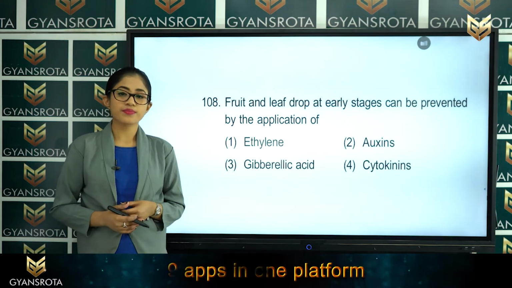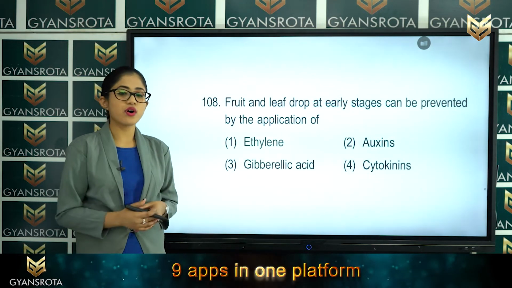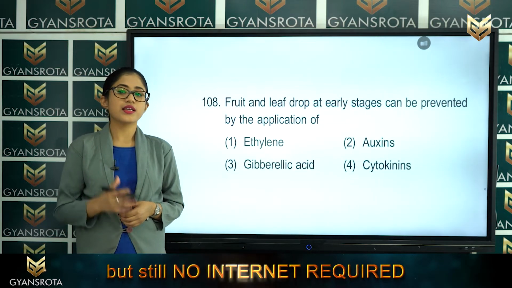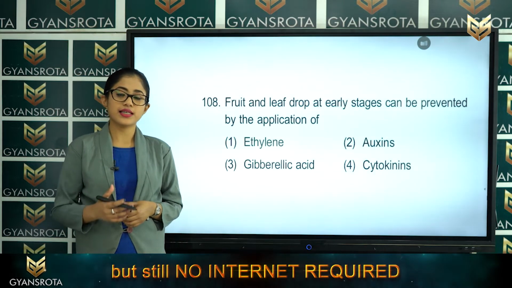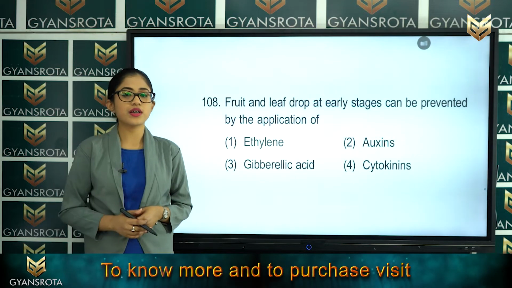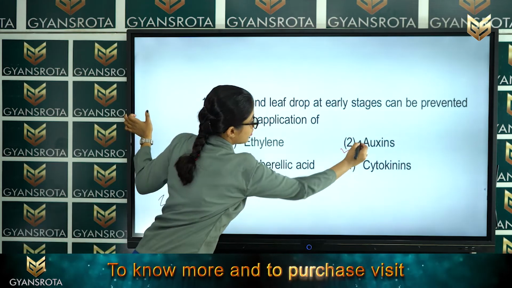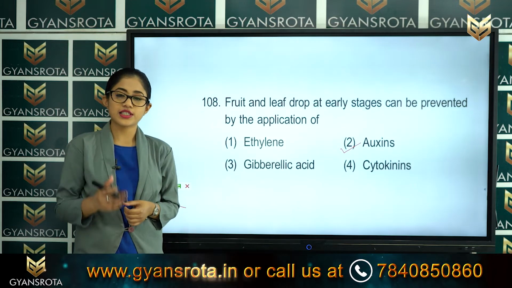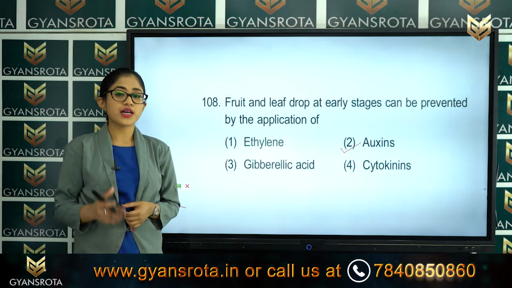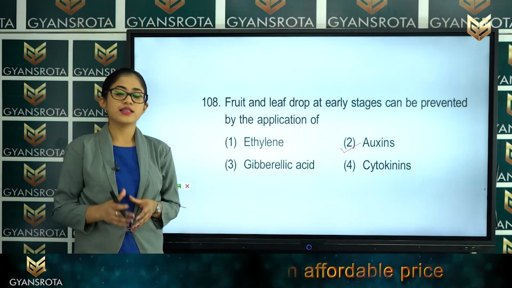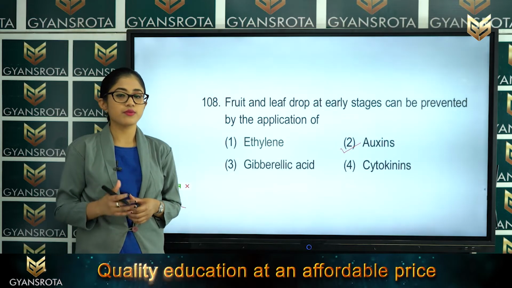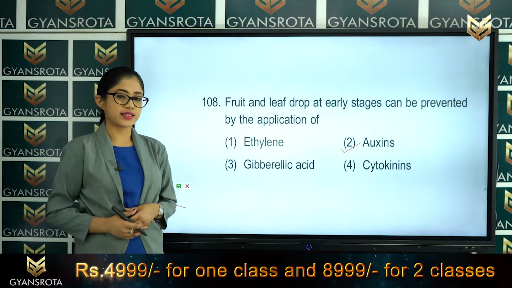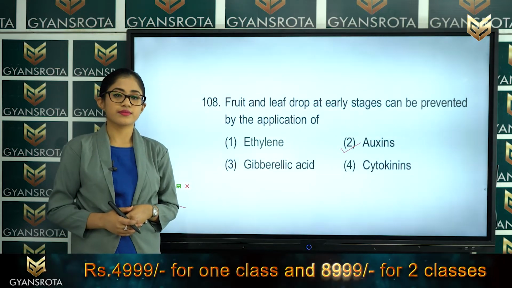Which plant hormone is used to prevent fruit and leaf drop at early stages? That will be option number 2, auxin. Auxin is the kind of plant hormone used to prevent the early removal of fruits and leaf drop. So that is the correct answer. Now let us see the next question.